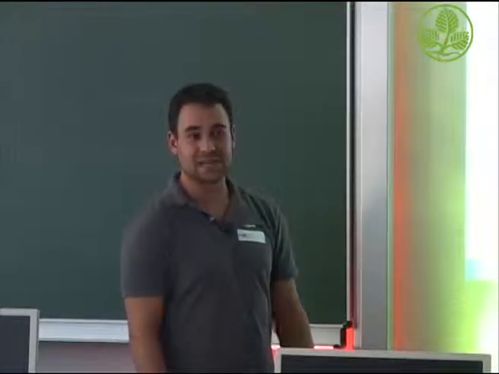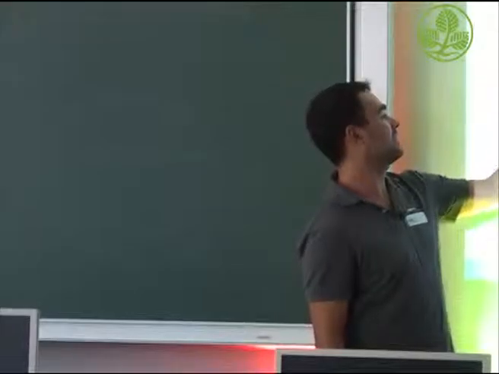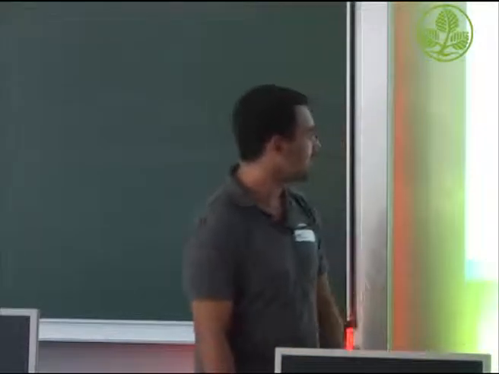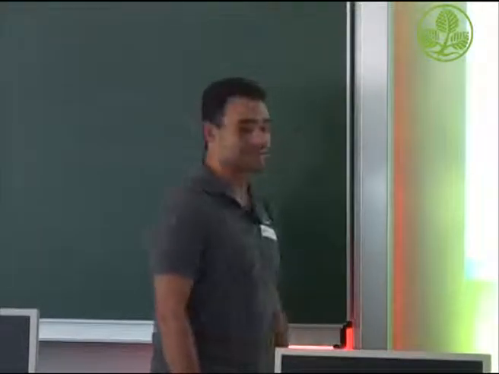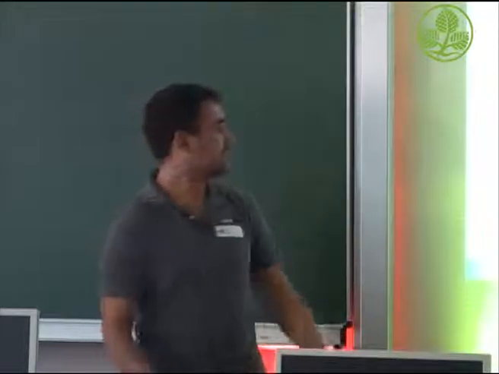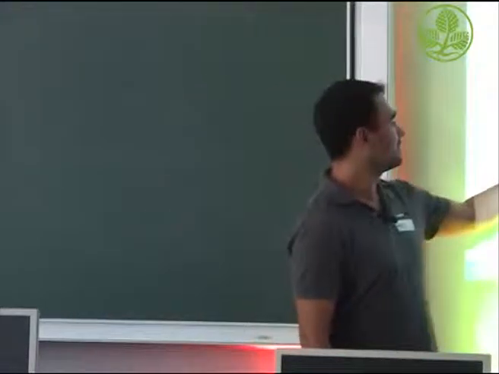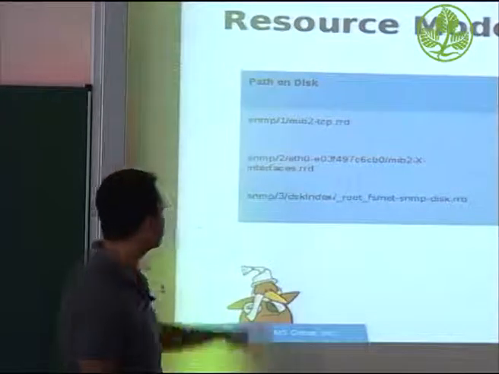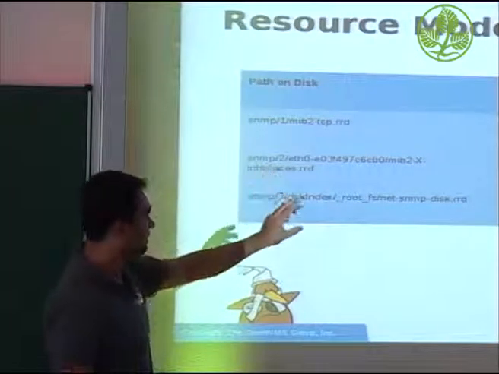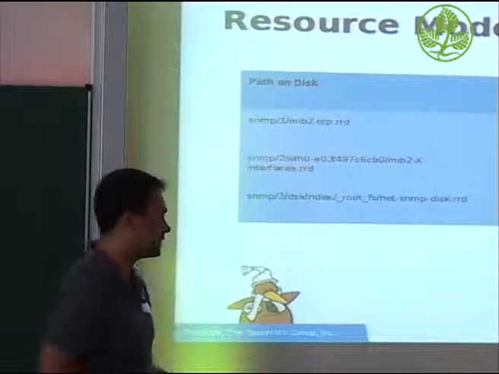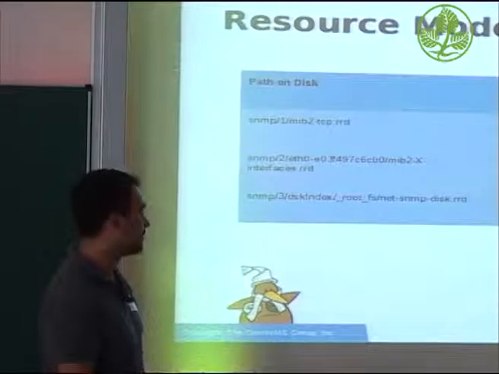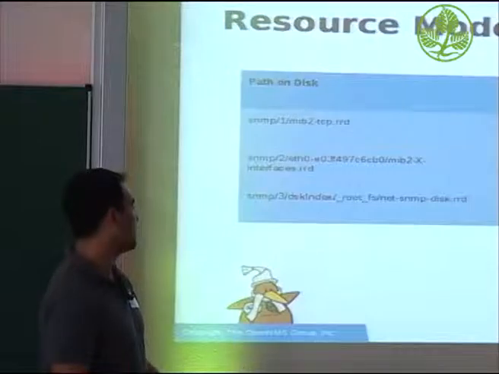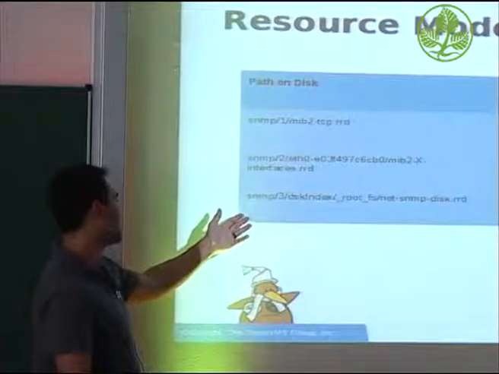If we're collecting interface-specific data, we'll have a subfolder for the interface and put the data there. And if we're collecting data for something like a disk, then that data is going to be two folders down. So that's the actual files on disk, and those are the resource IDs that we use to refer to those, a textual representation, so the users don't have to know the explicit path on disk.